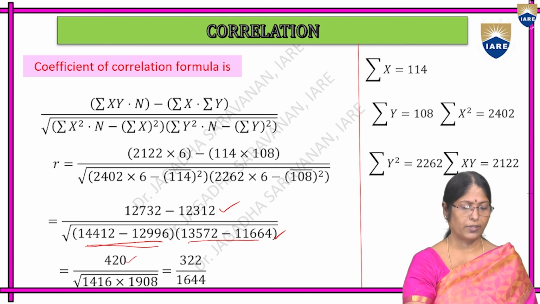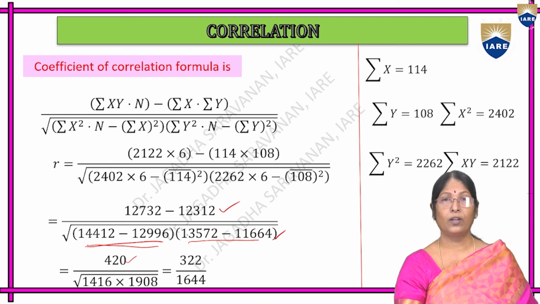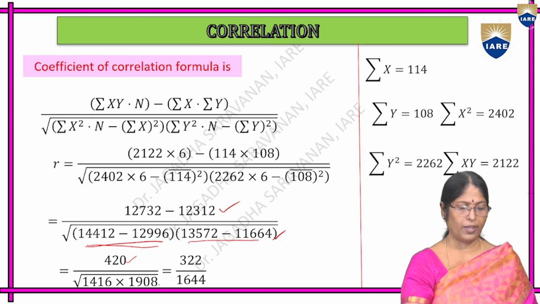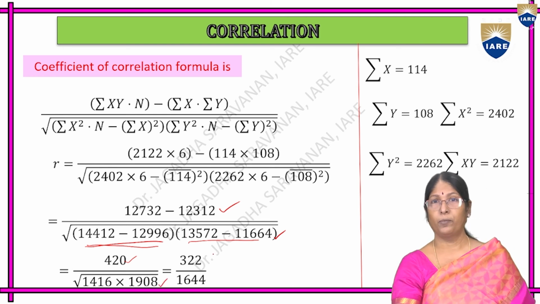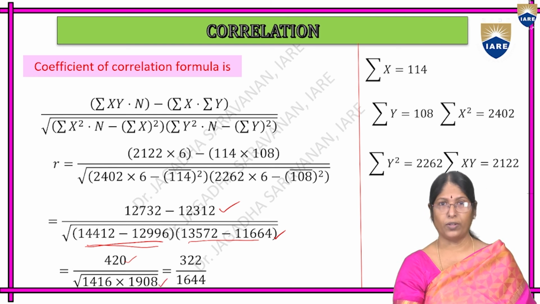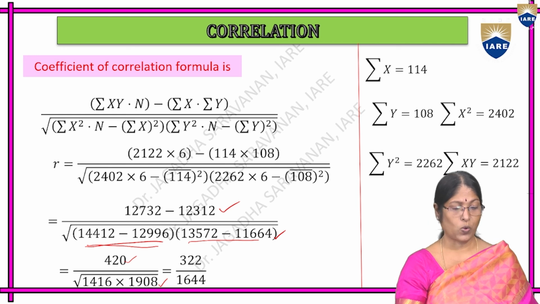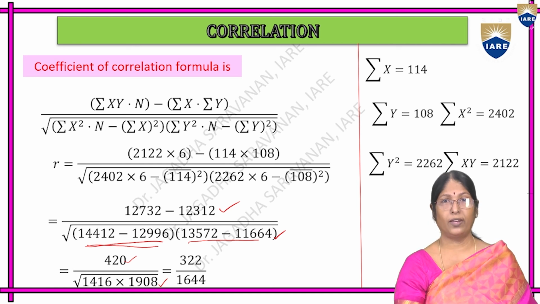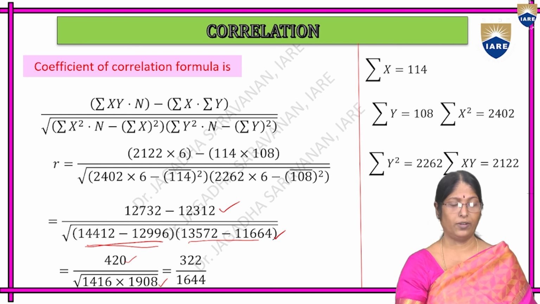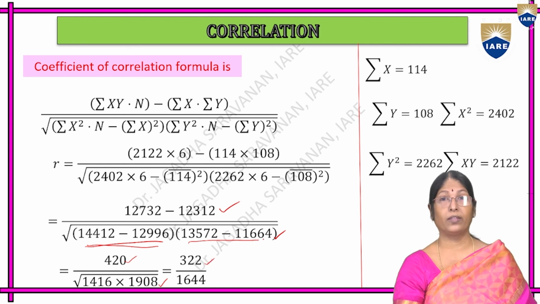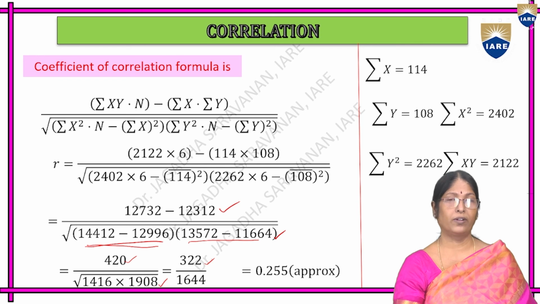So the simplification of the numerator is 420, divided by the square root of 1416 into 1908, which is equal to 322 divided by 1644. So finally we obtained the result 0.255 approximately.